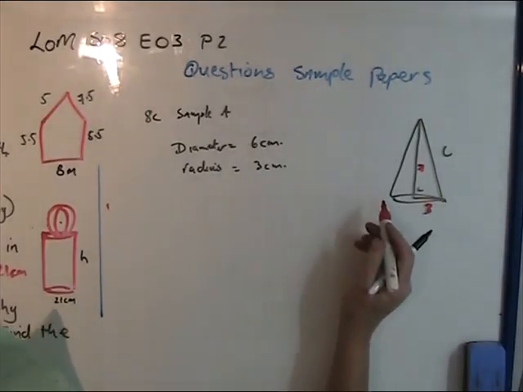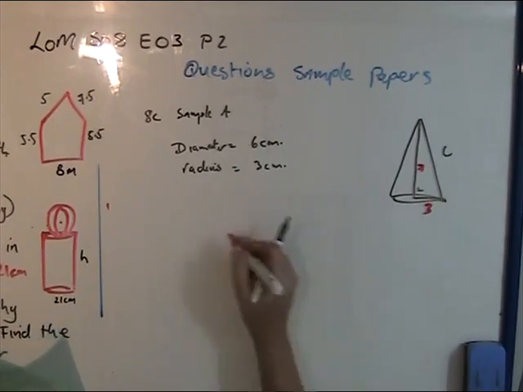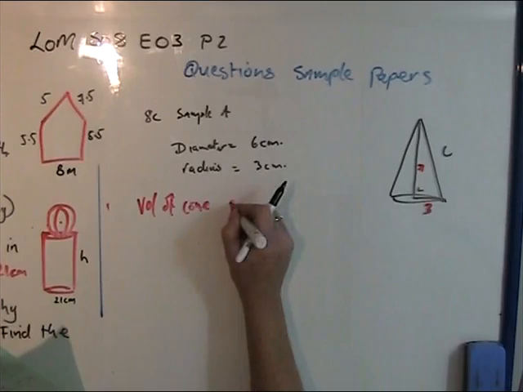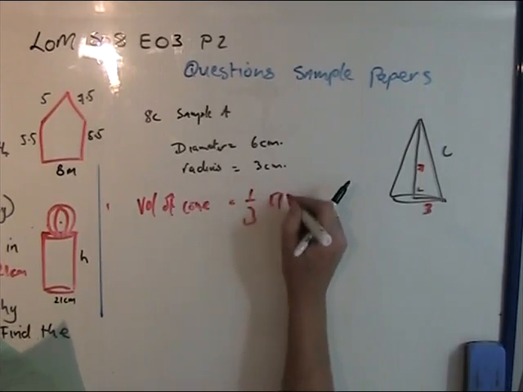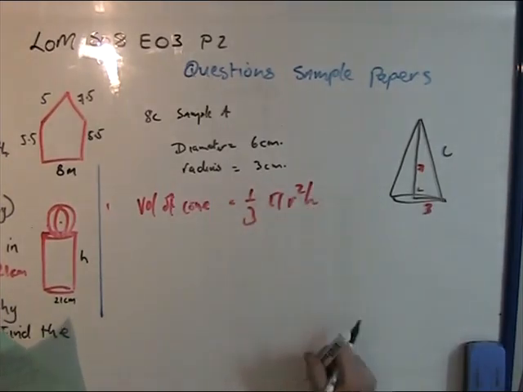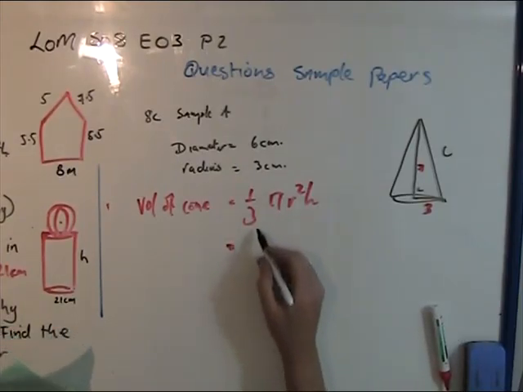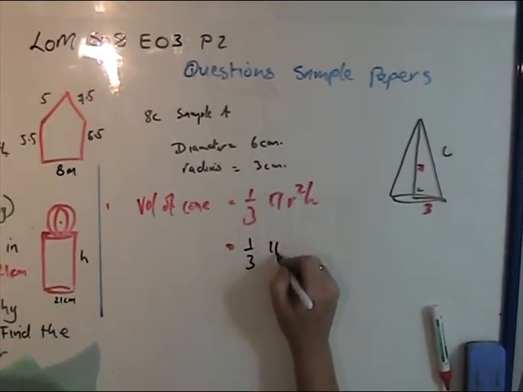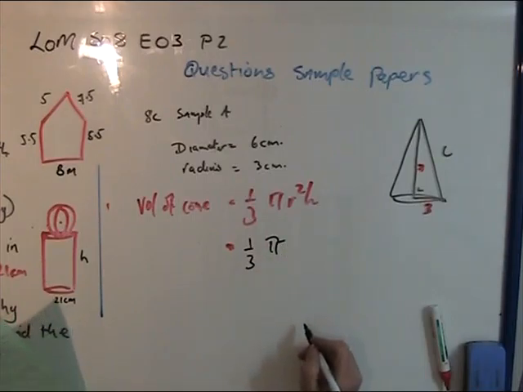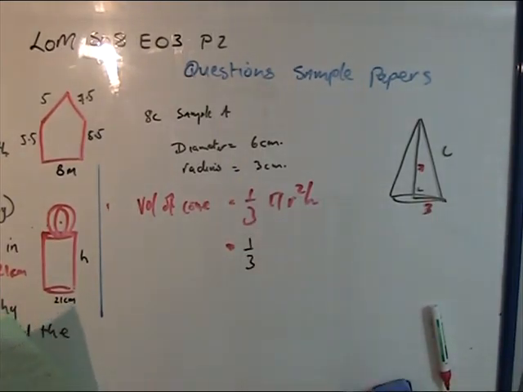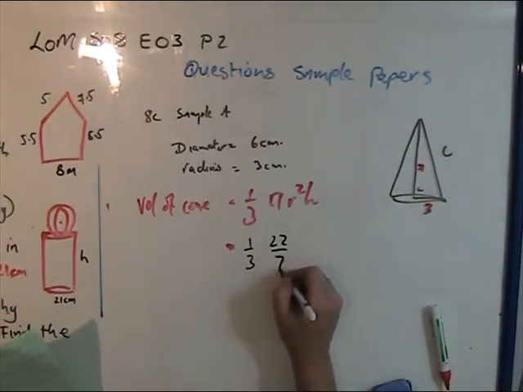The volume of a cone is 1/3 pi r squared h. So we put in our values, and we get 1/3 times pi. It says find the volume of wax, not in terms of pi, so I have to put pi in as 22/7, because it didn't say in terms of pi.